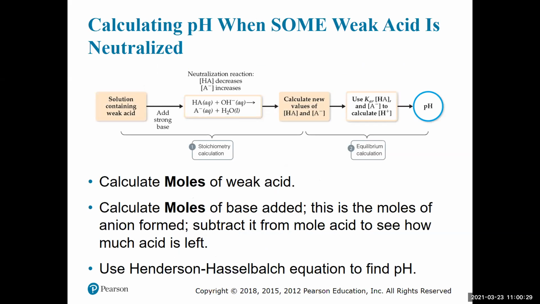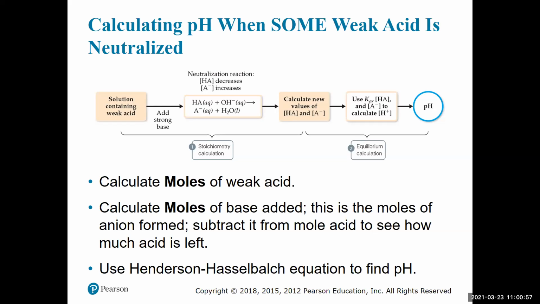So when we do something like this, we do similar calculations like we've done before. We do this titration, we calculate the moles of weak acid, we calculate the moles of base added, and this moles of base added will also be the moles of acetate that's formed if it was acetic acid.